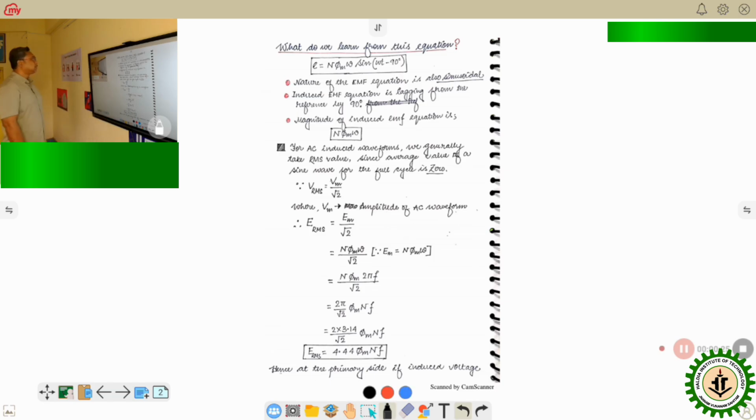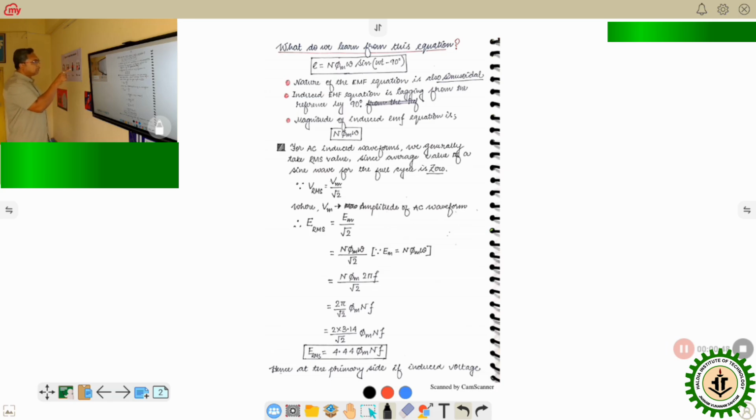The nature of the EMF induced is sinusoidal because this is sine here, the EMF induced is lagging the reference by an angle of 90 degree, and the magnitude of EMF will be given by n phi m omega.